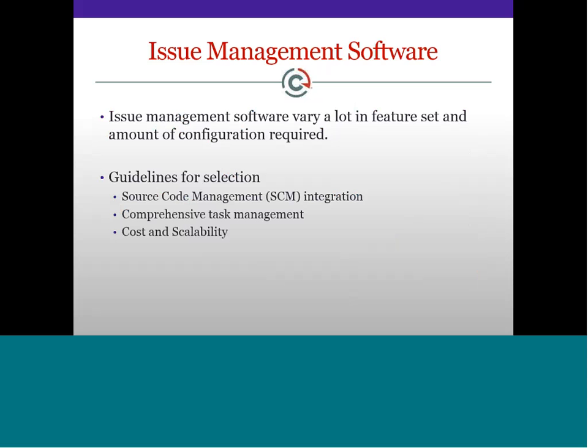They vary a lot in the feature set of what you get online, and there are always new online software and sites coming up. So to set a little bit of guidelines for how we want to select those, what we need is source code management integration.